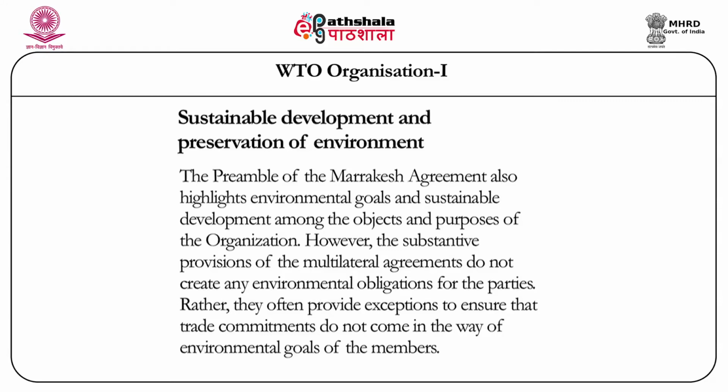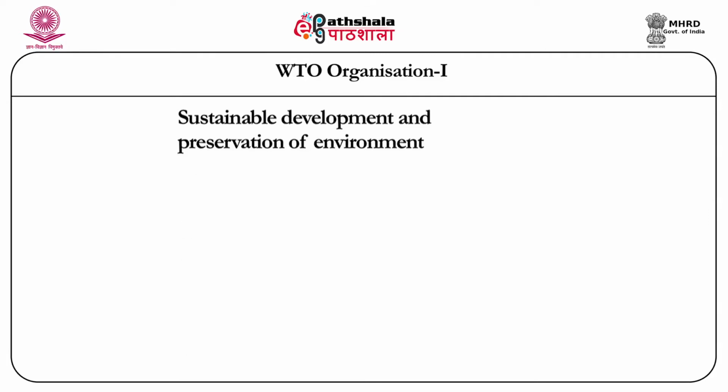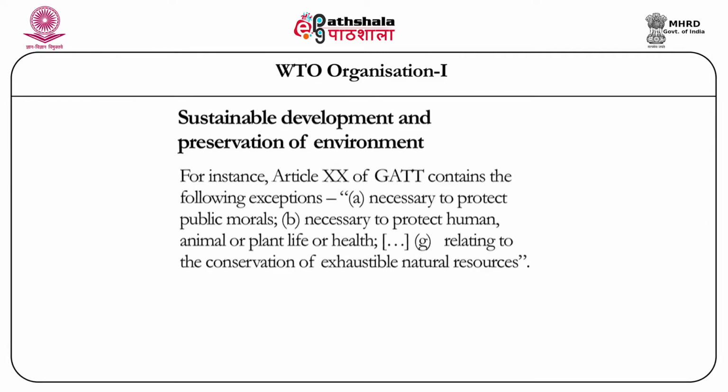Rather, they often provide exceptions to ensure that trade commitments do not come in the way of environmental goals of the members. For instance, Article 20 of the GATT contains the following exceptions: necessary to protect public morals, necessary to protect human, animal or plant life or health, or relating to the conservation of exhaustible natural resources.